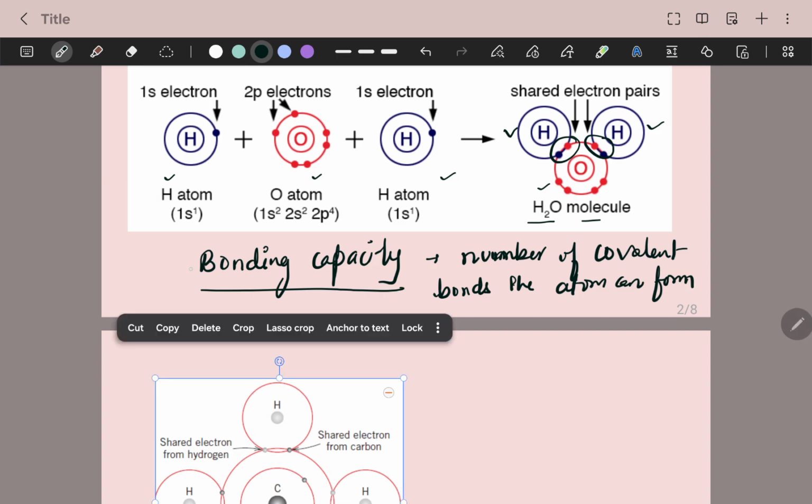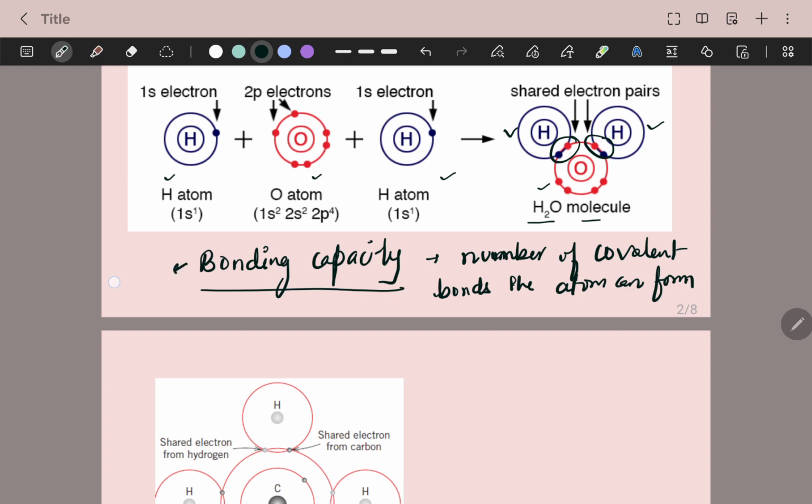And this bonding capacity is also called the atom's valence, and it is equal to the number of electrons that are required to complete the valence shell.